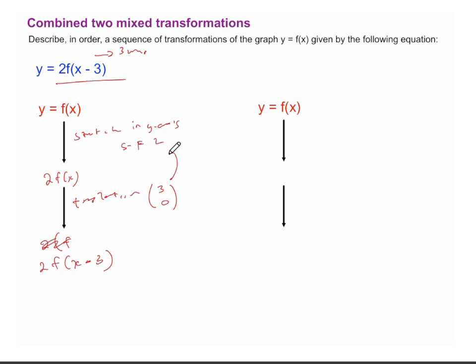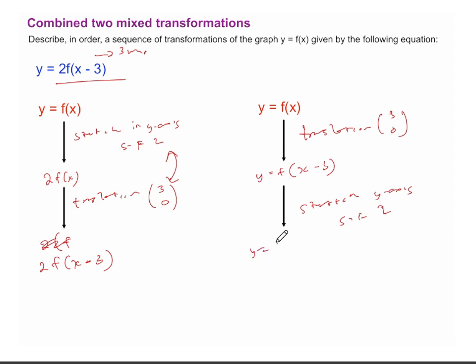Now, what if we switch these around? What if we start off with the translation? Translation (3, 0), where we get y equals f(x minus 3). Then we would stretch in the y-axis by scale factor of 2, and we would multiply the whole thing by 2.